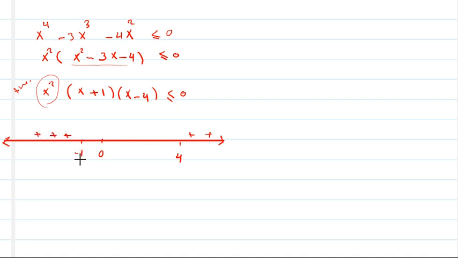So let's take a number between -1 and 4, let it be 1. For example, 1 plus 1 is positive. 1 minus 4 is negative. The product is negative. So what is the solution here?